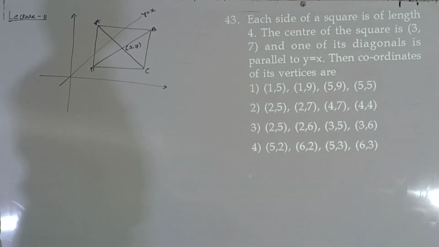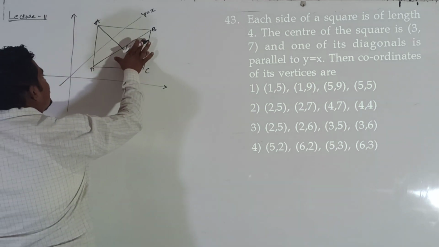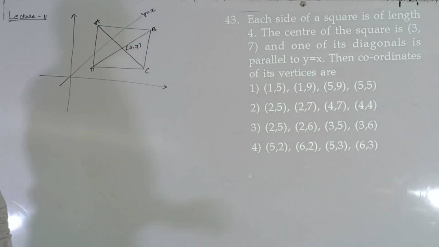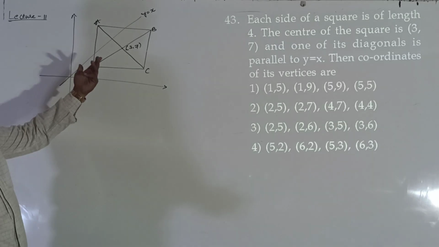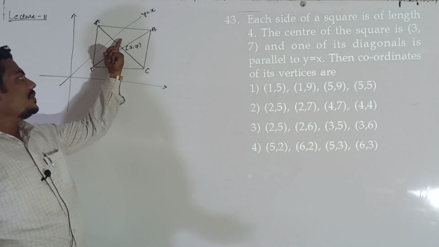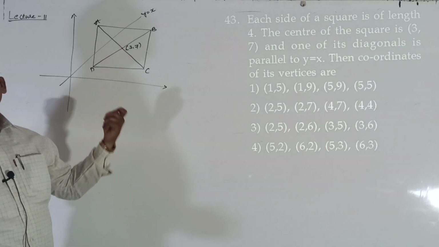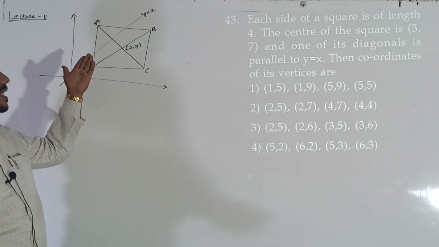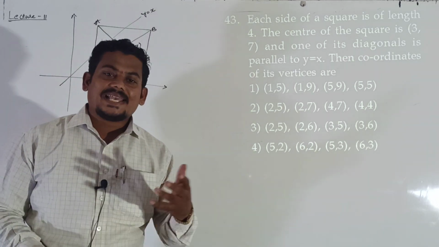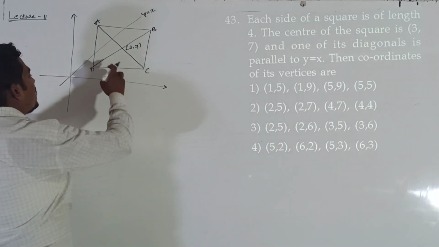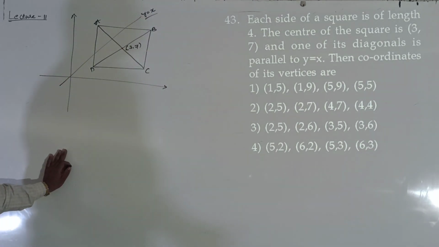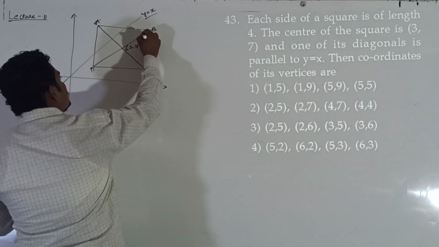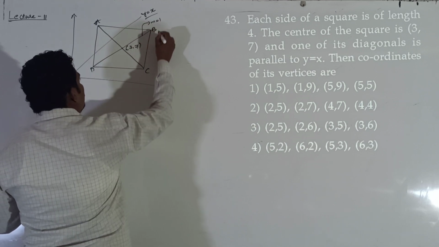Can you tell me the equation of diagonal BD? BD is parallel to the line y equal to x, which means the slope of BD is the same as the slope of the given line. Why? Because they are parallel, and parallel lines have the same slope, right? Then the slope of BD is 1, because the line is like y equal to mx, so m equal to 1.